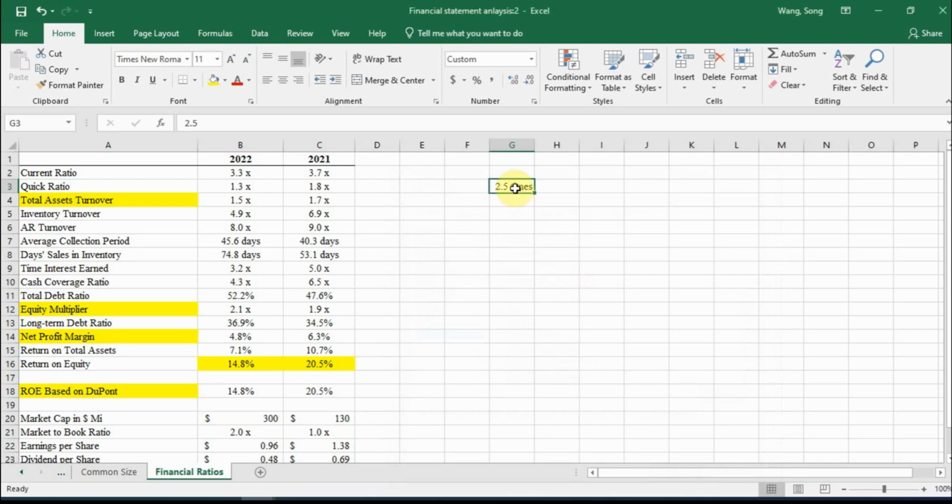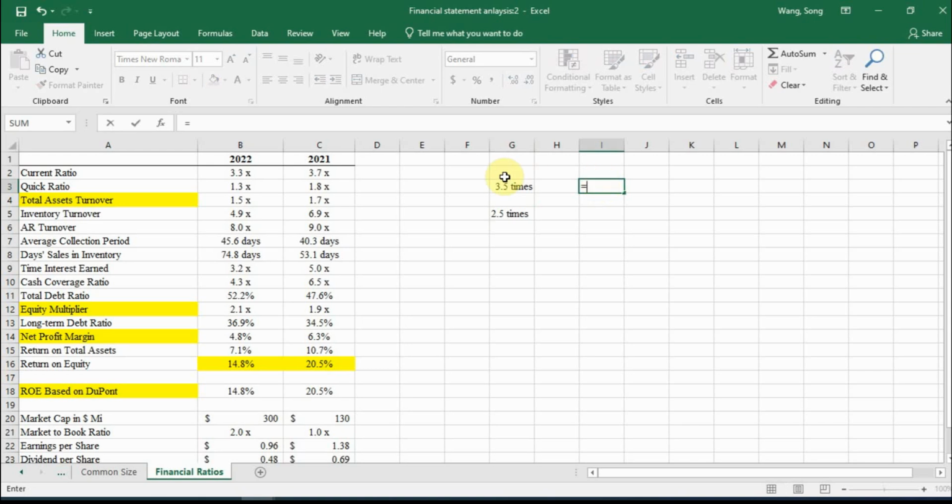So 2.5 times. And still you can see if I change the number from 2.5 to 3.5, the text is retained. If I do this 2.5 times, just simply type it, then Excel would recognize this as a text message. It's not a number, so it does not perform any calculation.